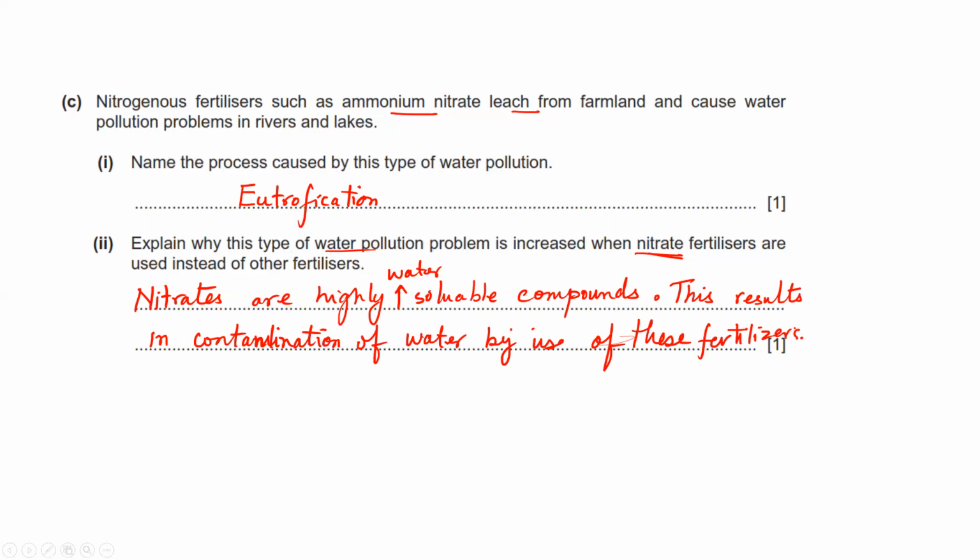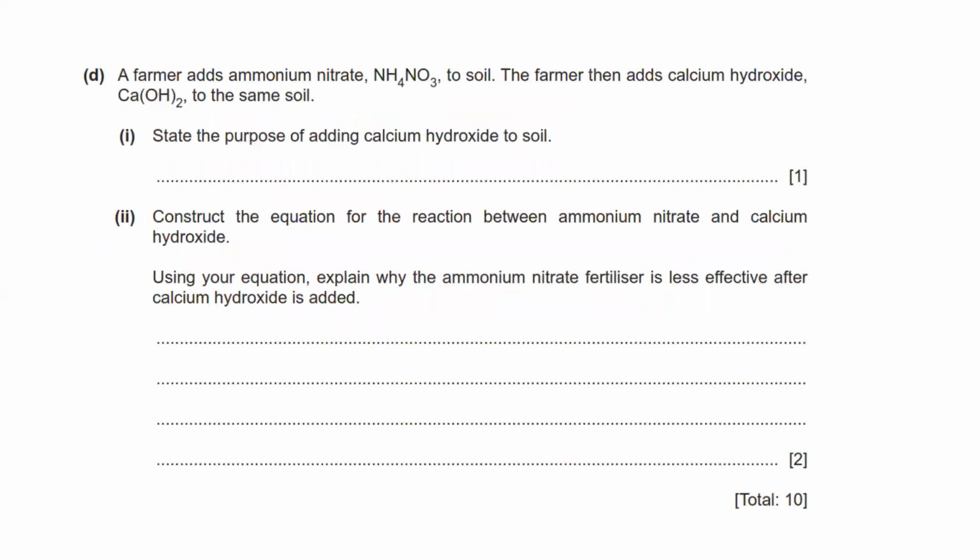Okay. Moving ahead, part D says a farmer adds ammonium nitrate, NH4NO3, to the soil.